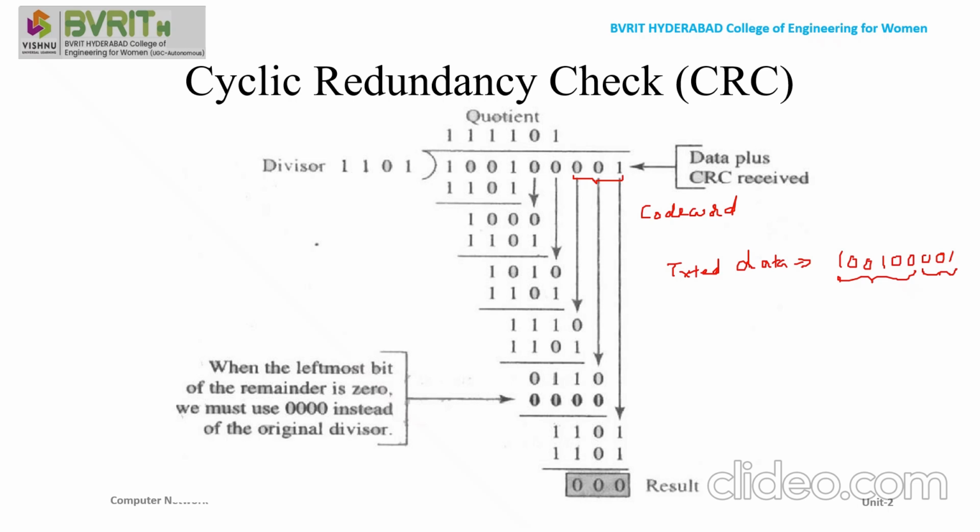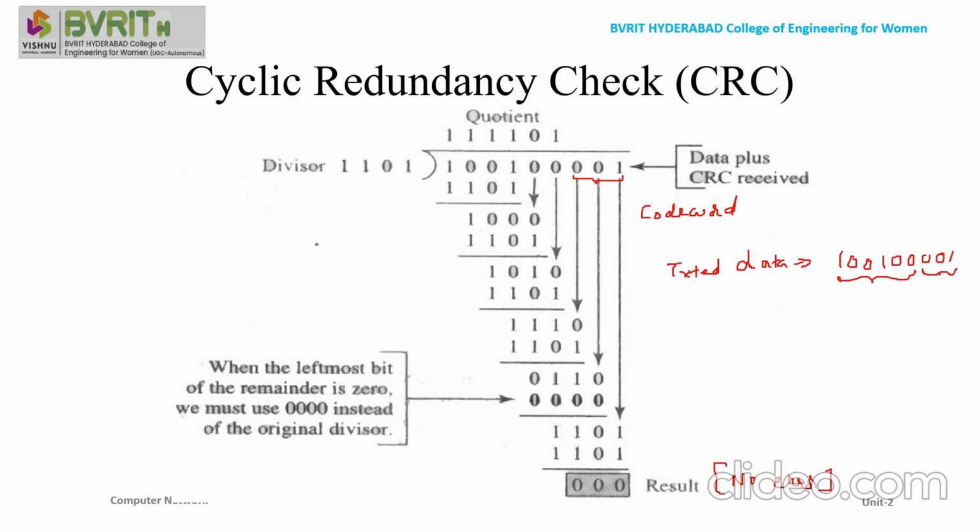At the receiver, we perform the same modulo 2 operation, dividing the received data by the same generator polynomial, and we check if the final result is all zeros. If the remainder value is 0, it indicates there is no error.